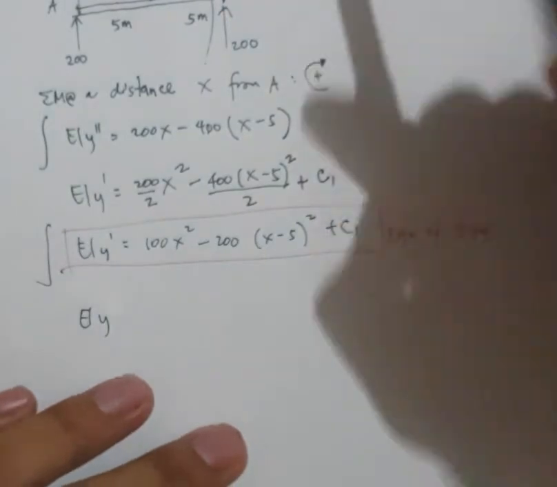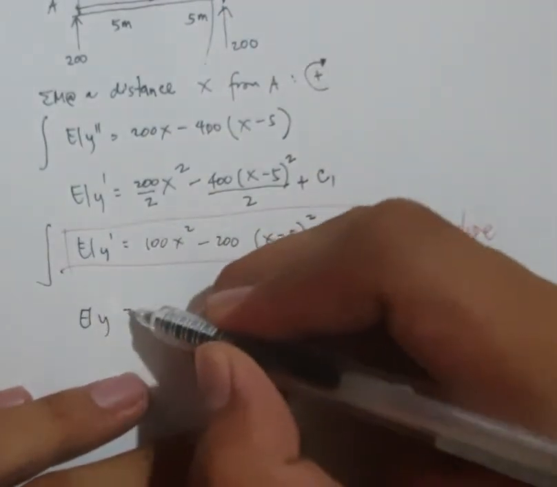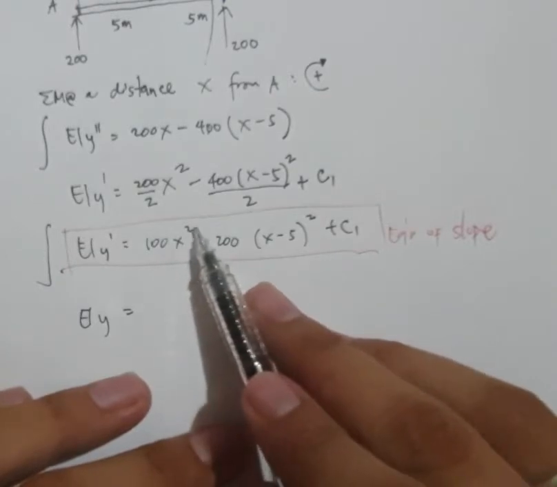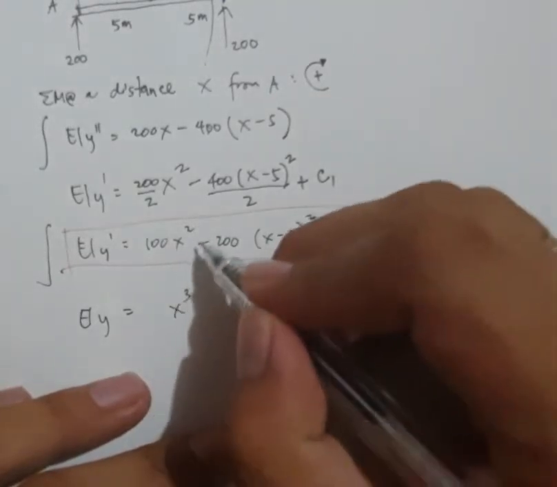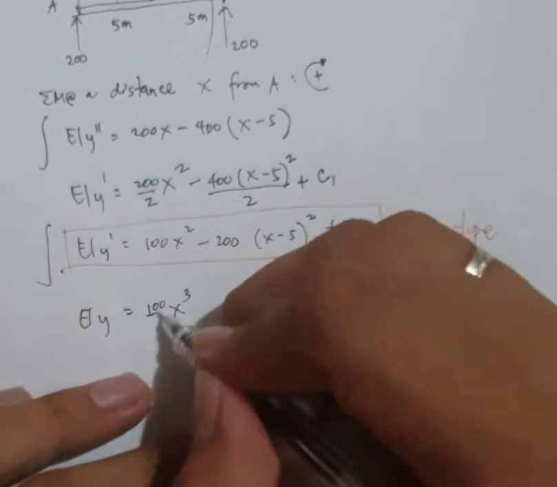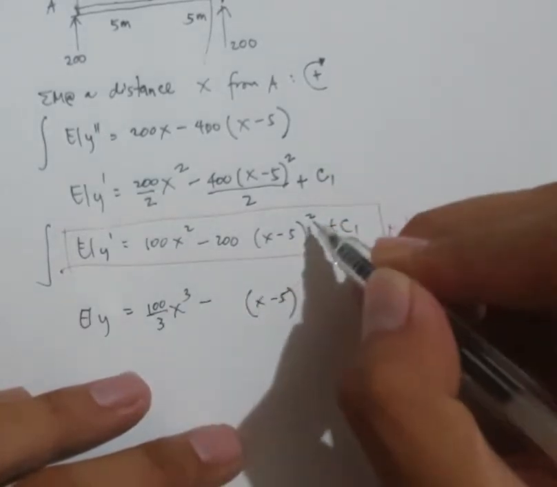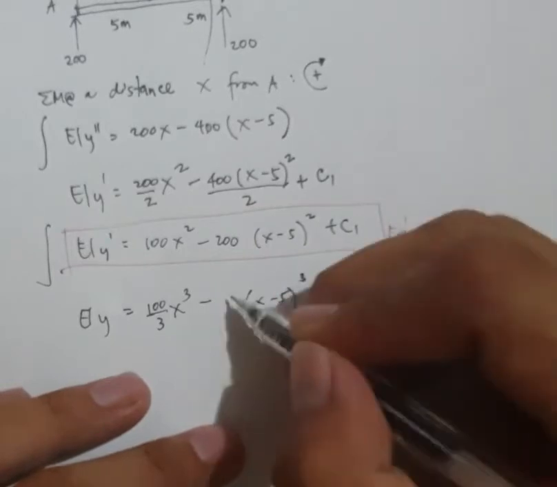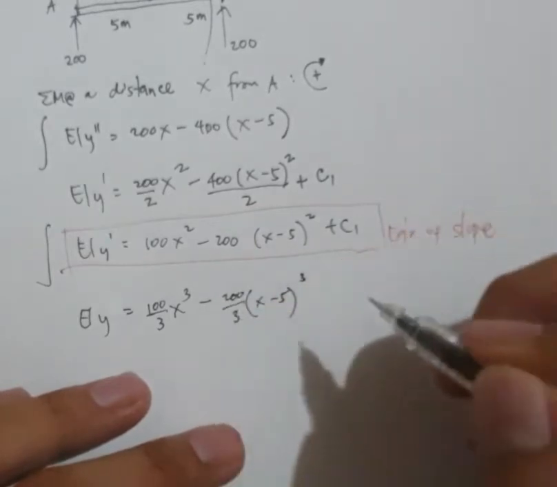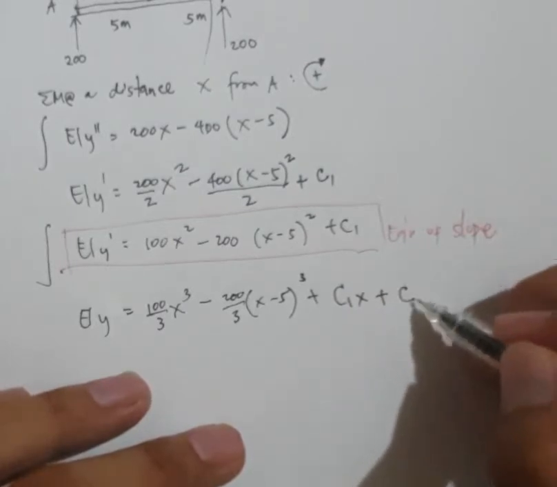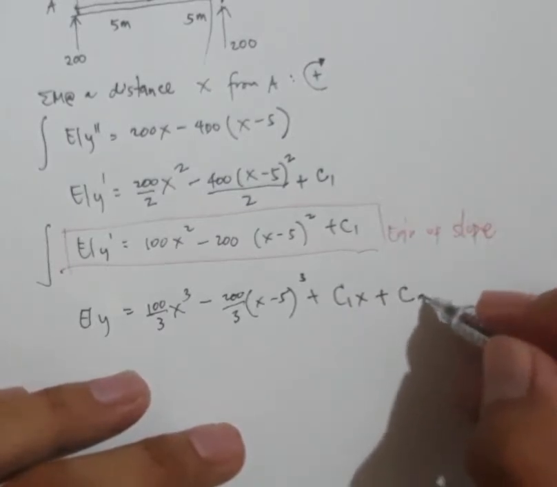Okay, so EIy. Integrate: (2+1), that is cube, divided by 3, 100 over 3 minus x minus 5, (2+1), that is cube again, 200 over 3, plus C1x plus C2.